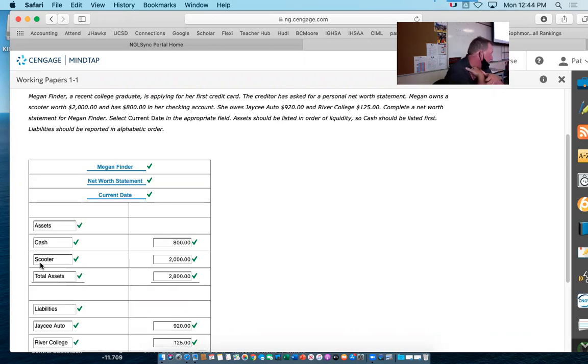Obviously cash is the fastest because it's already cash. So we list two assets, cash and scooter. Up here you see $800 and $2,000. You list them both. You have a section called total assets where you add those two up to get 2,800.